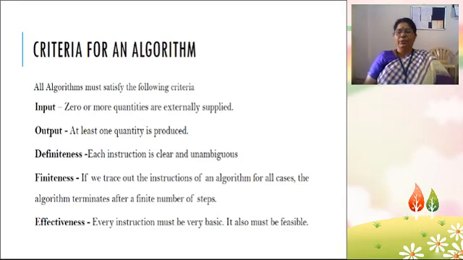This is an important and frequently asked question: what is the difference between an algorithm and a program? An algorithm written in a programming language is called a program. Hope you understood the definition of an algorithm, the basic criteria to be satisfied by an algorithm, and the difference between an algorithm and a program.